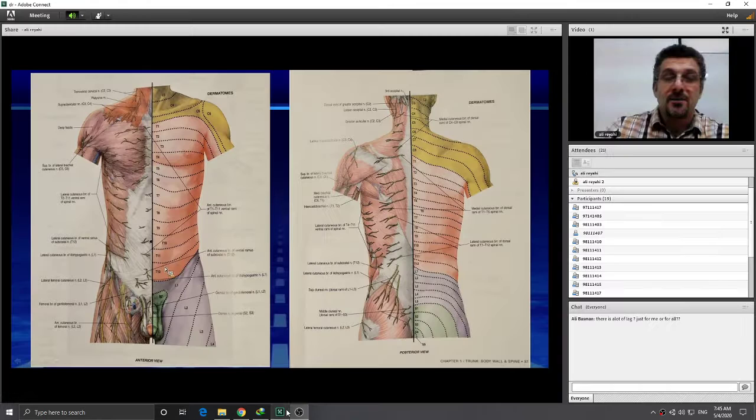You see in this picture, T1, because T1 goes to the brachial plexus. Therefore, in the thorax, we've got innervation of the skin by spinal nerves T2 up to T7.